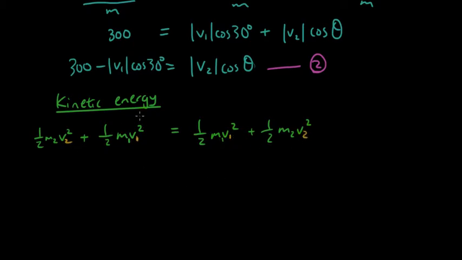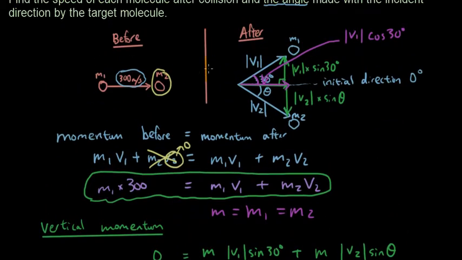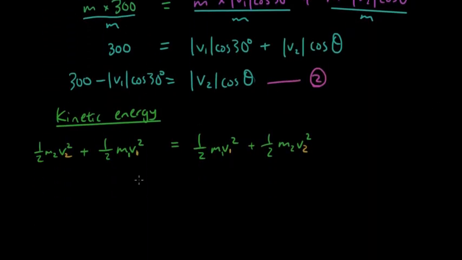Okay, so initially v2 is 0 because initially m2 is not moving. Alright, so I'm going to substitute 0 into v2. v2 is 0, so I can cross this out. So therefore I have half m1 v squared equals half m1 v1 squared plus half m2 v2 squared.